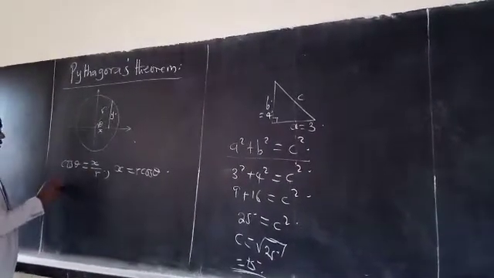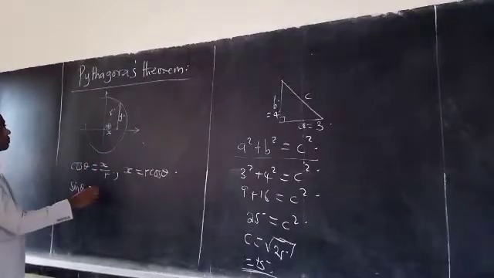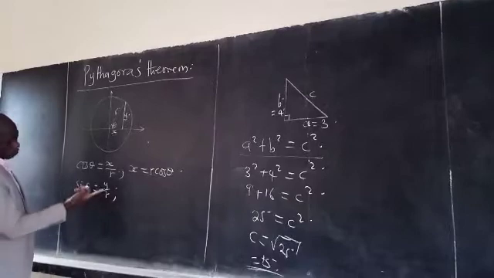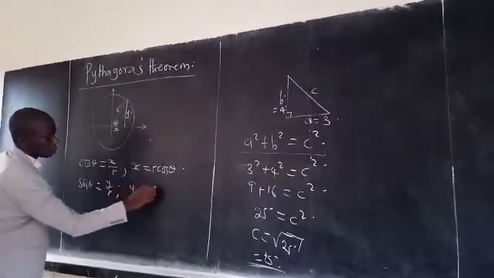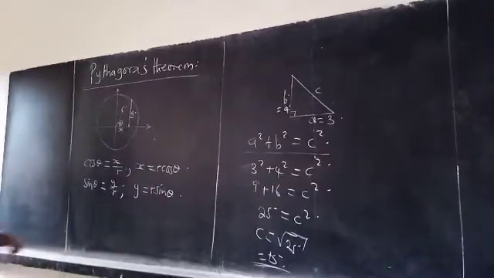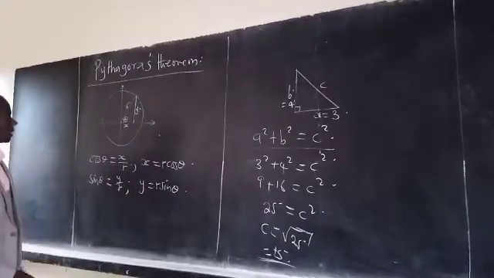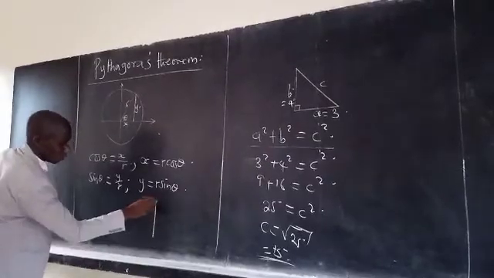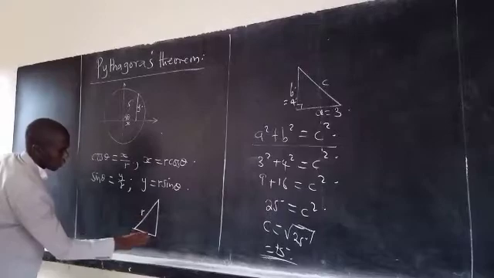Then sin theta equals opposite over hypotenuse, that will be Y out of R. When I cross multiply R this side, I will have Y equals R sin theta. Therefore, this is R cos theta and that is R sin theta. So if we did this, we want to go to Pythagoras now. This is R, this is 90.